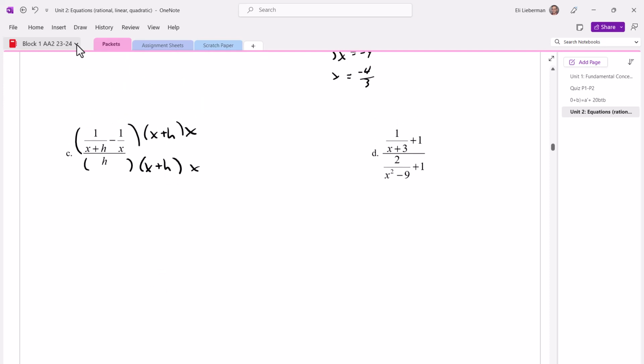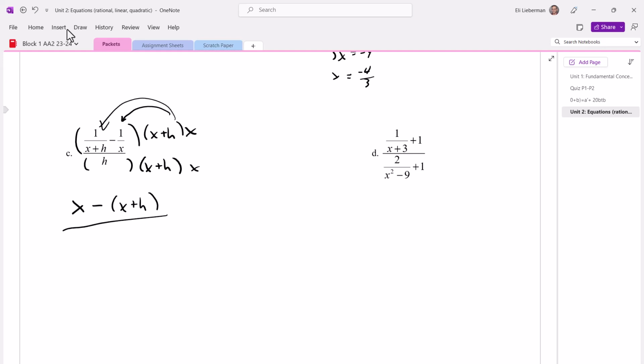If you notice a danger, we have to use which property? Distributive property, so all of this is going to be multiplied by that first fraction, leaving us with this x. We distribute this, we're left with minus x plus h. Did you survive the danger?